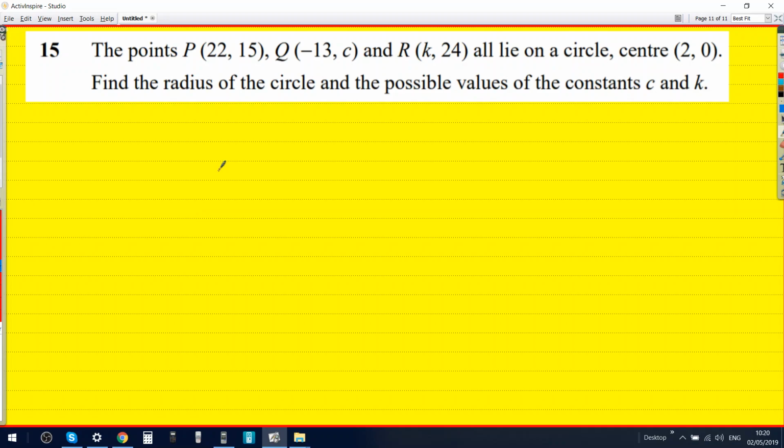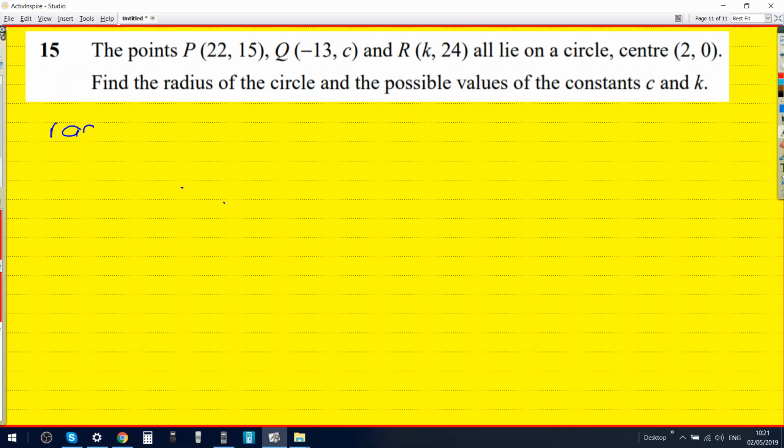My favourites are circles. How do you find the radius of a circle, or what is the radius of a circle? What is it? From the centre of the circle to the edge.